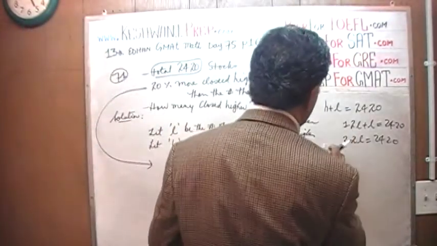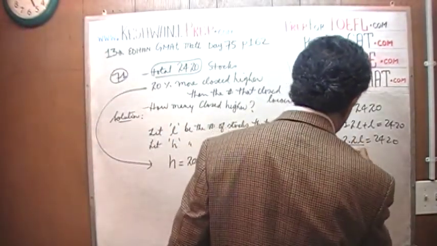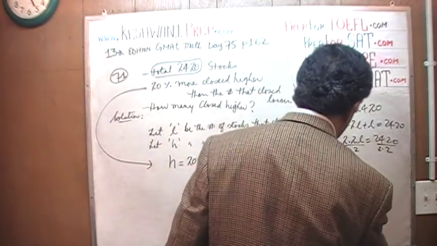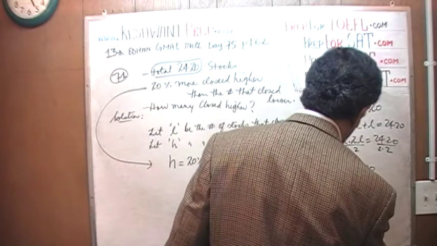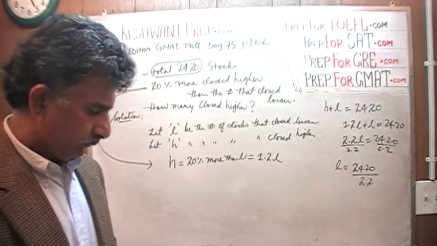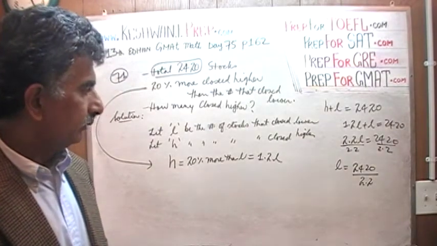Divide both sides by 2.2, and L equals 2420 over 2.2.